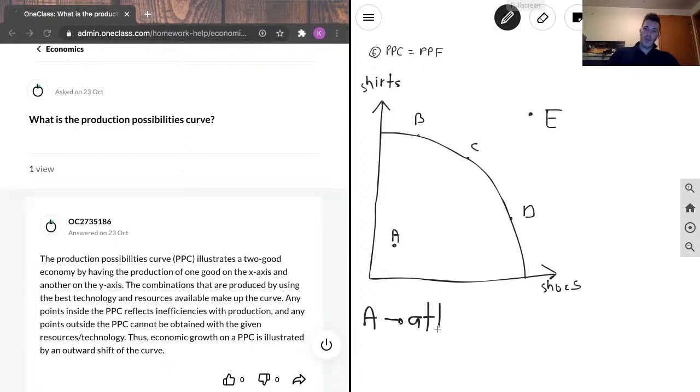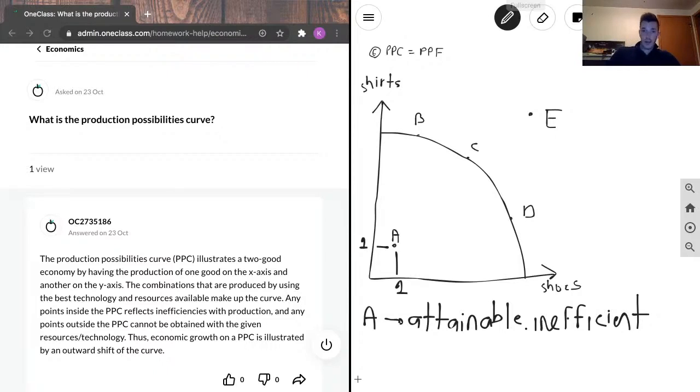You can definitely have it, but it's inefficient because you could have had a whole lot more. So it's attainable, but inefficient.